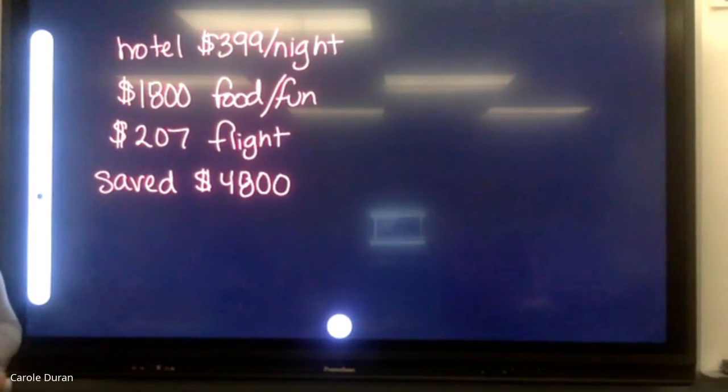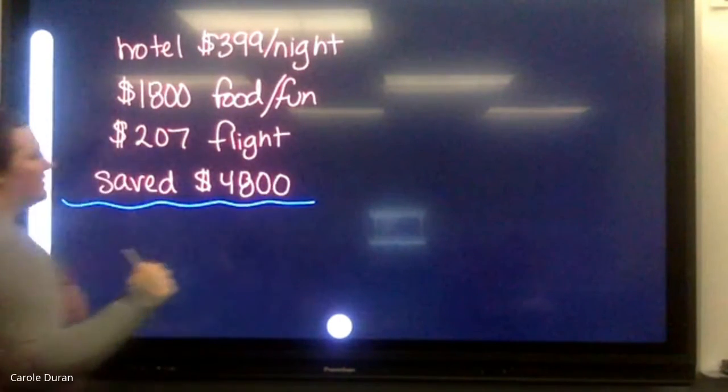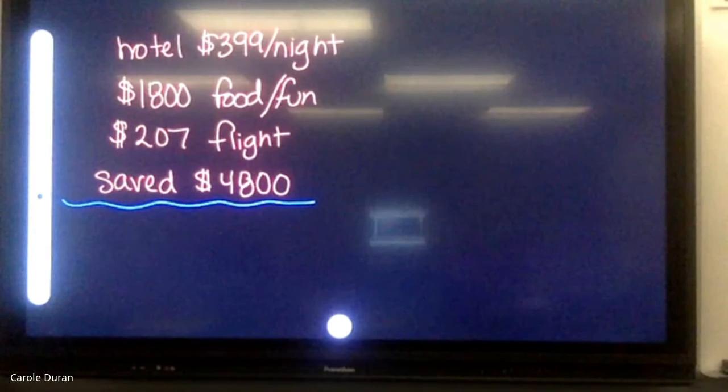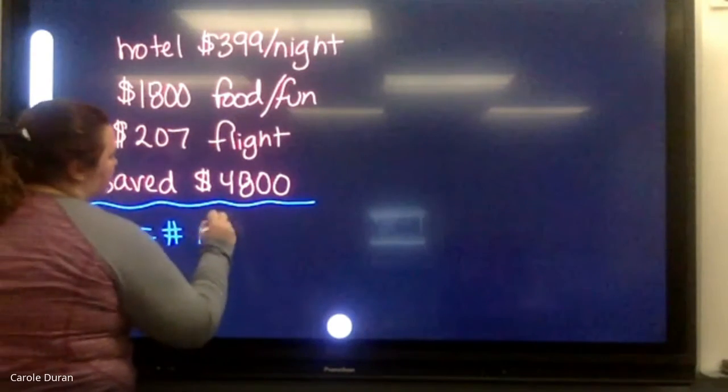So what am I trying to solve for in this problem? The number of nights that she can stay at that hotel. So what variable would you like to represent number of nights? N. Perfect. I like to use a letter that kind of correlates to the word they're representing. So N is going to equal the number of nights that she can stay at the hotel.